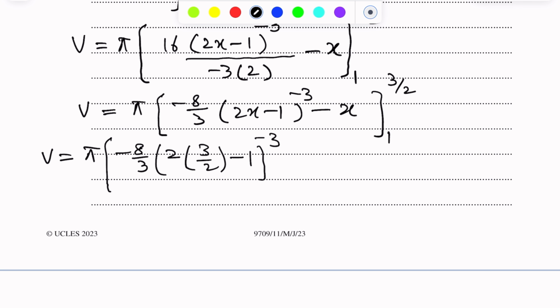Now we will insert here the negative sign, and now we will apply this limit 1, in place of x we will put 1.